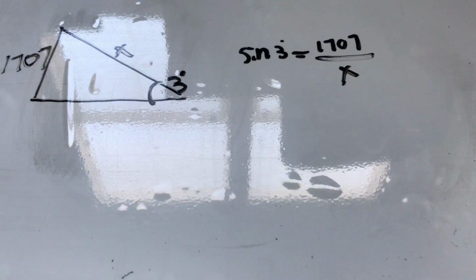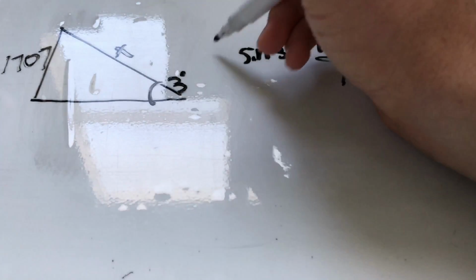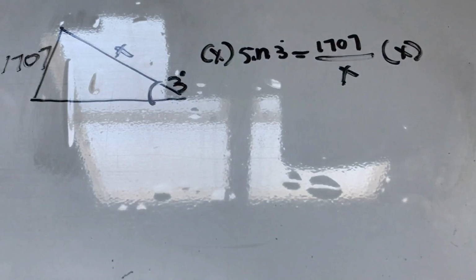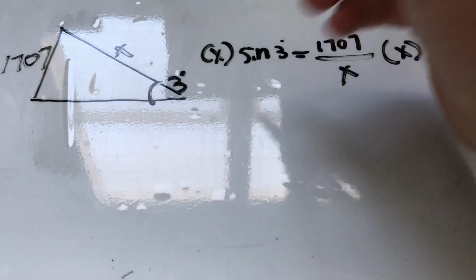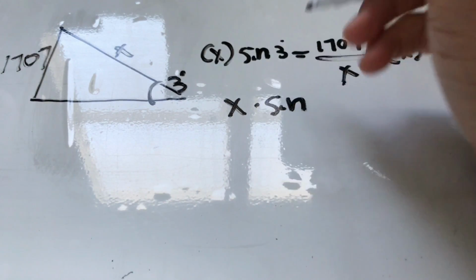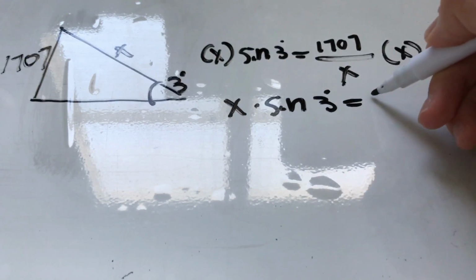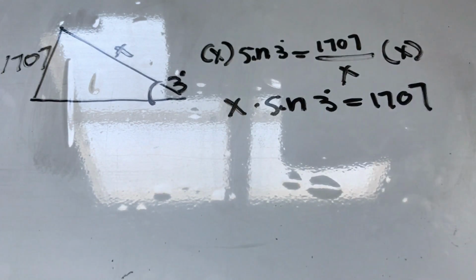So when we're given a situation like this, where the x is on the bottom, unlike the last problem where the x was on the top, we have to multiply by x. And what we are left with after that is x times sin 3 degrees equal to 1707.